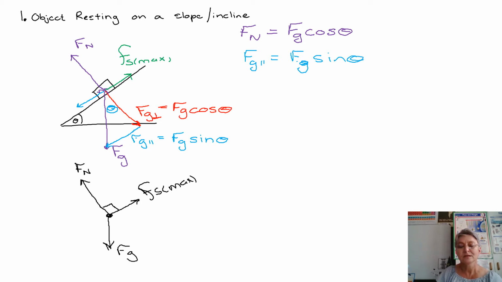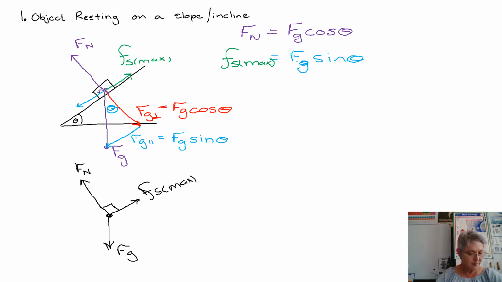But if the object is stationary, this Fg sine theta would be equal in size to Fs max, because the friction prevents it from sliding down. So there is no motion. So all of these forces are balanced.